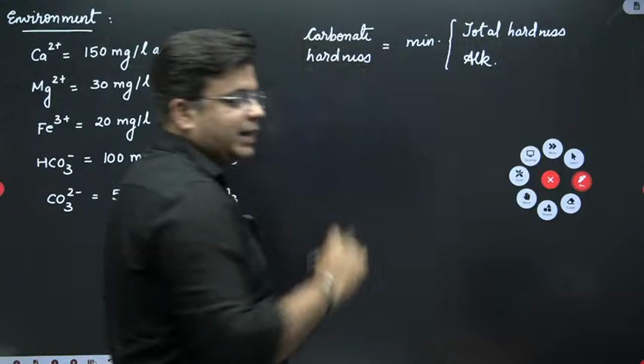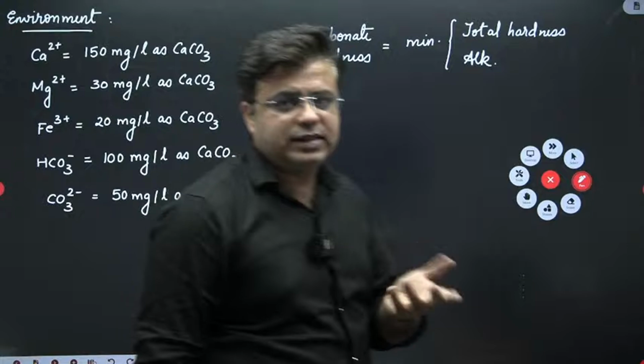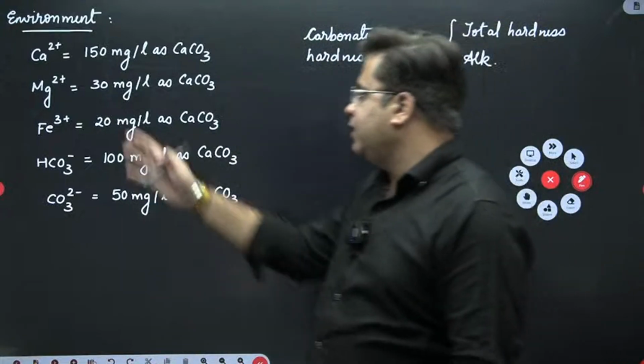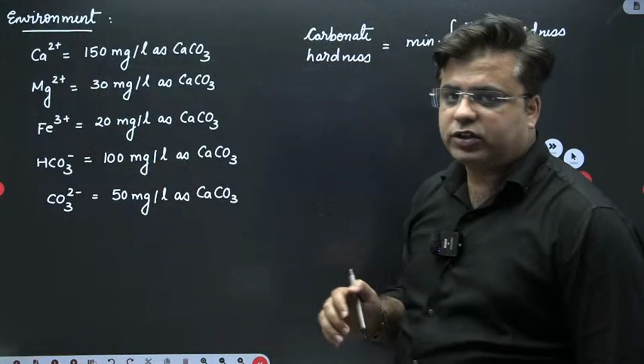So this time directly you have to simply add them. Already it is given to you as CaCO3. Just simply add all the concentration of multivalent cations, that is going to give you the concentration of total hardness.